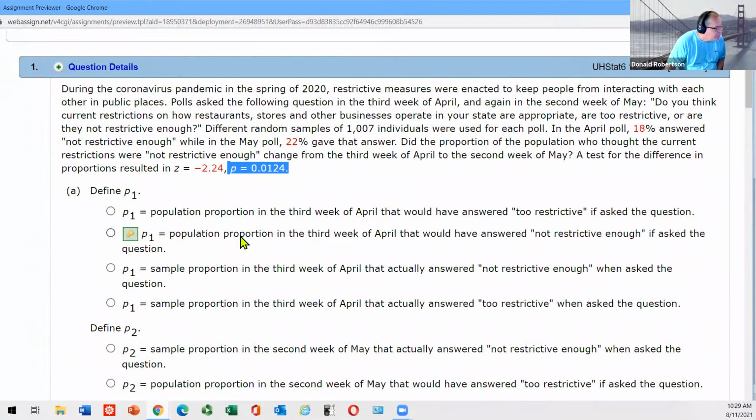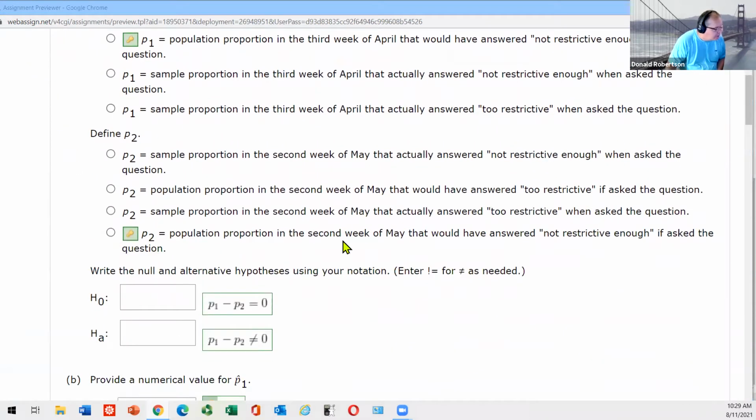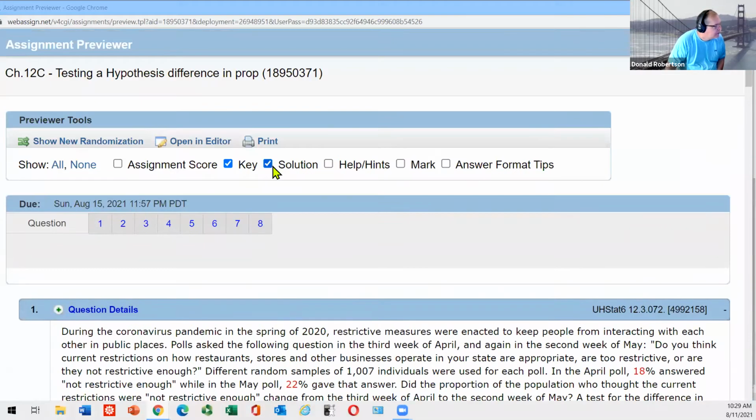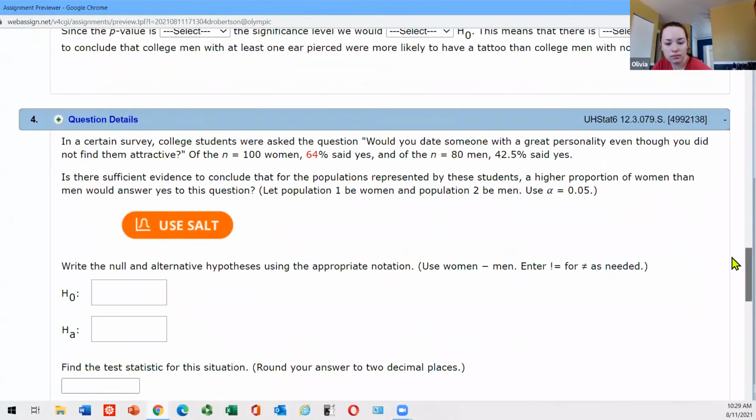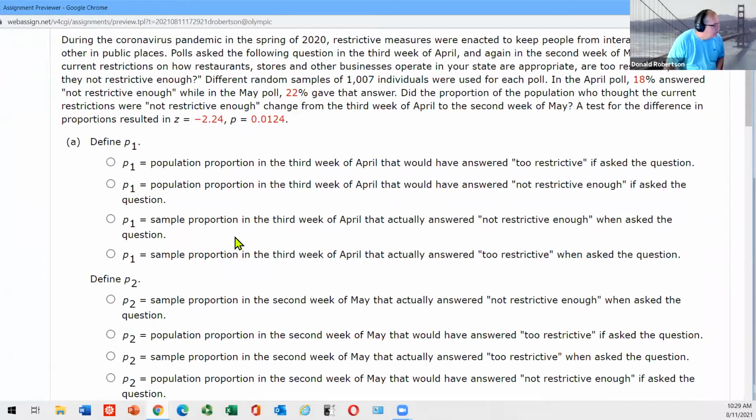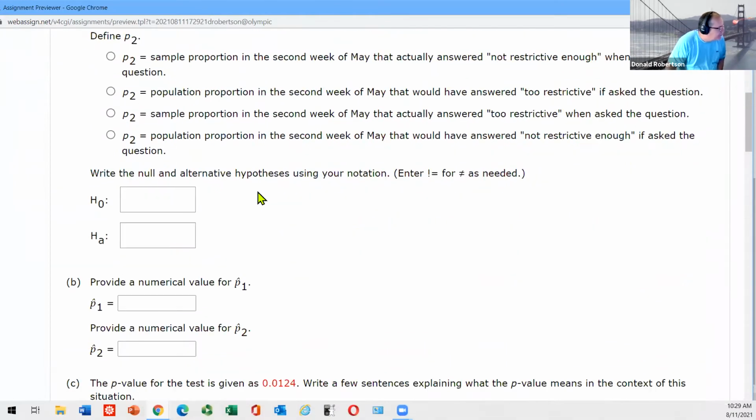P1 is the population proportion in April who answered not restrictive enough. Yeah, that was true. What was P2? That was the people who did it in May. So we answered those two.